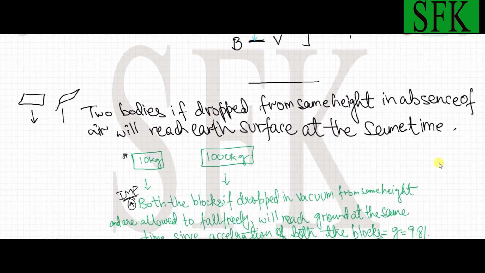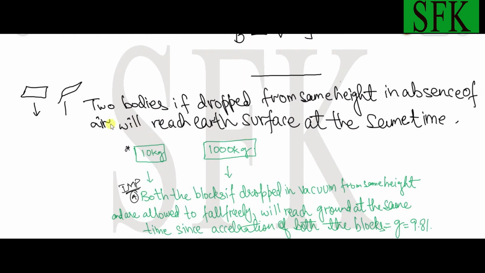This is a very important point that I'm going to discuss right now, related to free fall motion. If two bodies in vacuum, or two bodies which are undergoing free fall motion, are dropped from the same height in absence of air, so that air does not interfere and the acceleration remains constant, they will reach the Earth's surface at the same time, or will reach the surface of any planet at the same time.